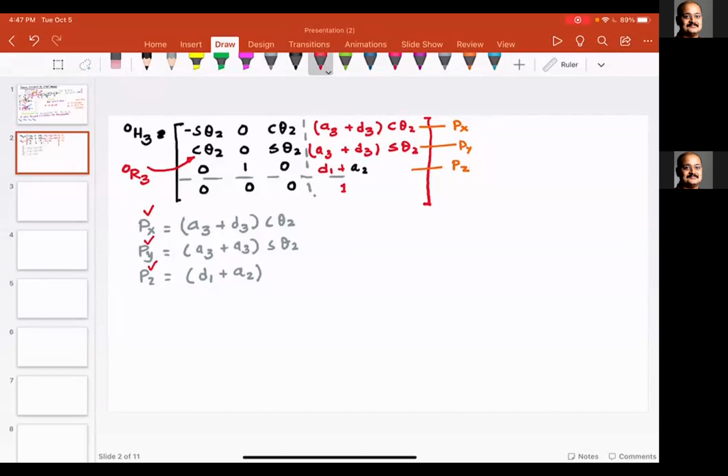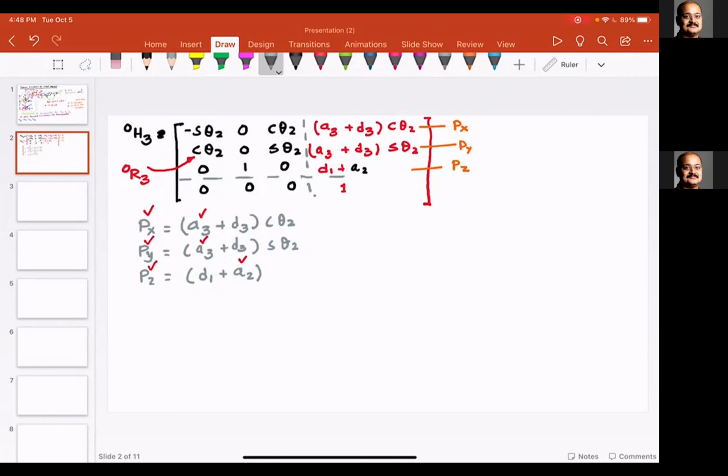On the left hand side of the expression, Px, Py, and Pz are known. As you know, A3 is a constant, and A2 is also a constant, both given to us.